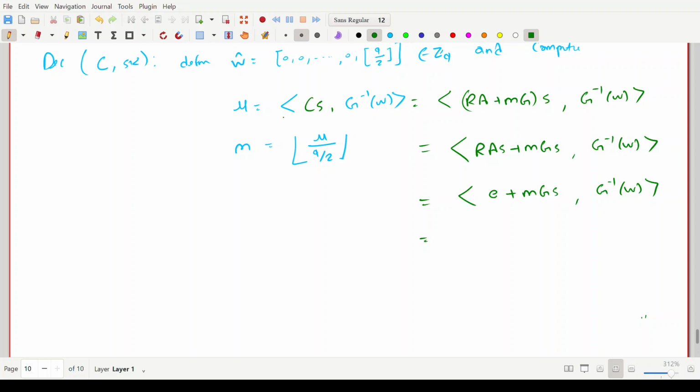Now I can write this inner product as G inverse W multiplied with this error plus MGS.